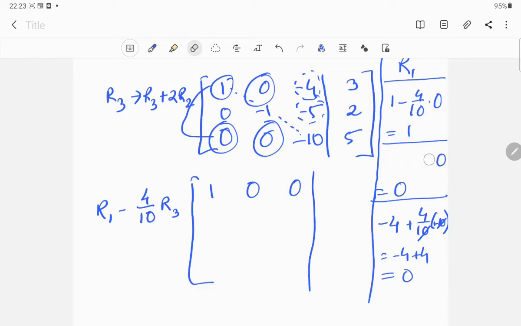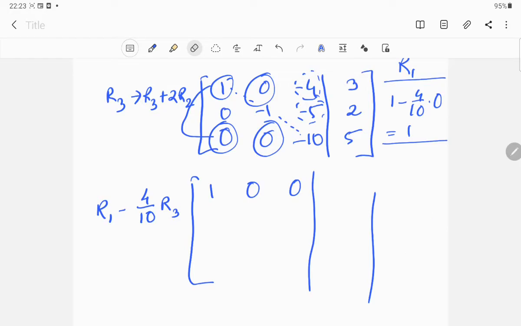Okay, then we have 3 minus 4 by 10 into 5, 3 minus 2 equal to 1.